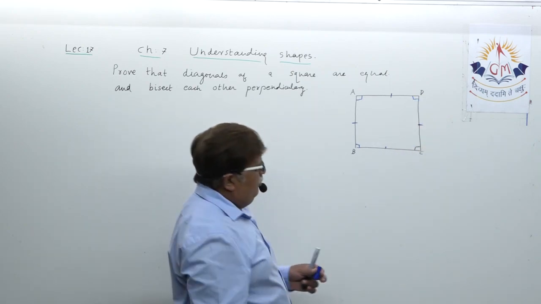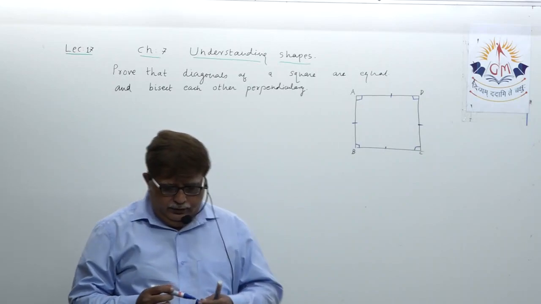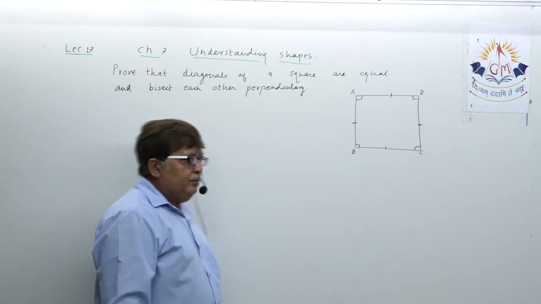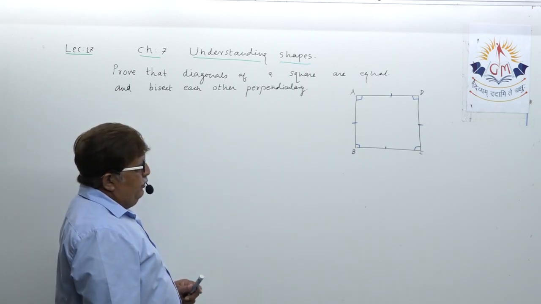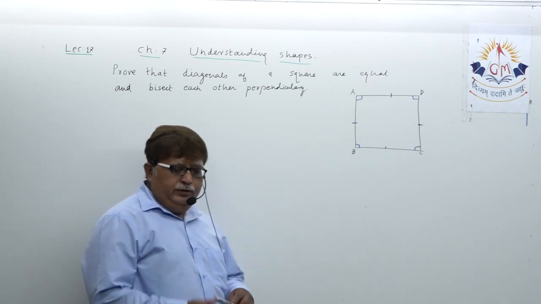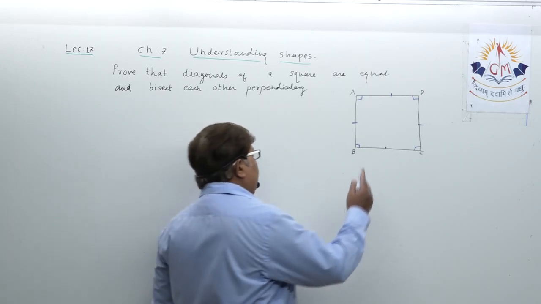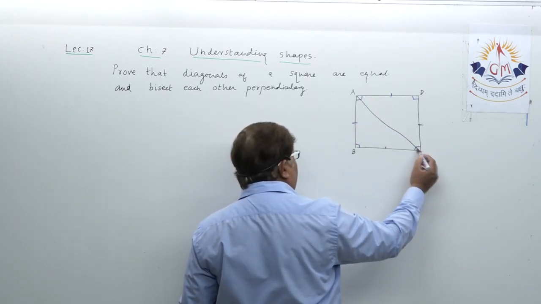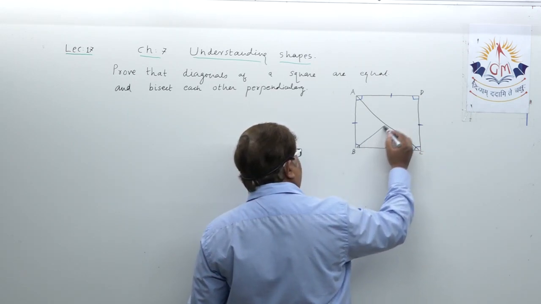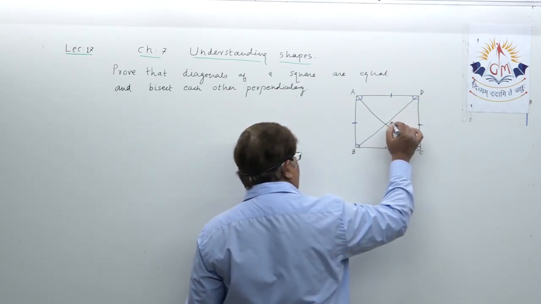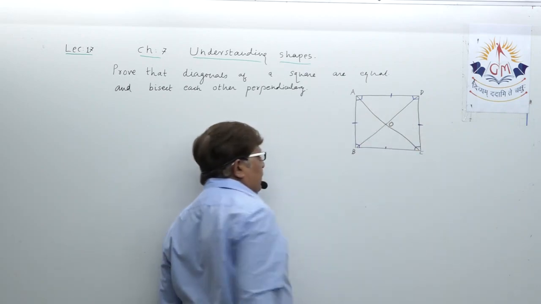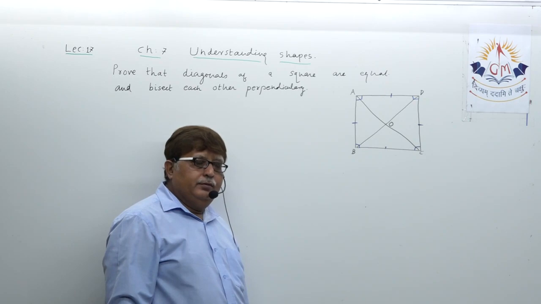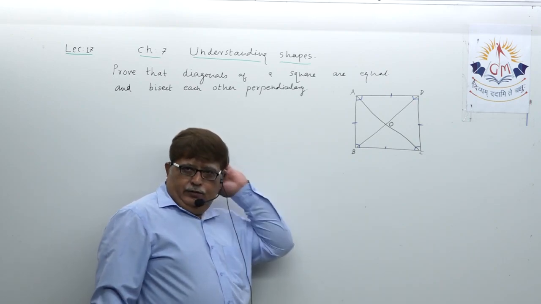These are some of the properties we already know. Understood? What we are going to prove is regarding diagonals also being equal and bisecting each other perpendicularly. That is what we are looking for.